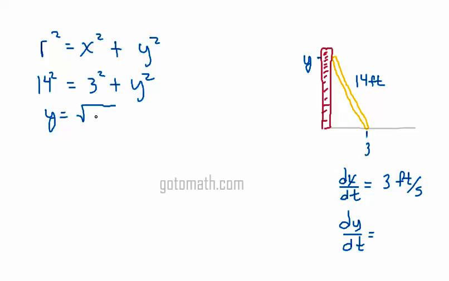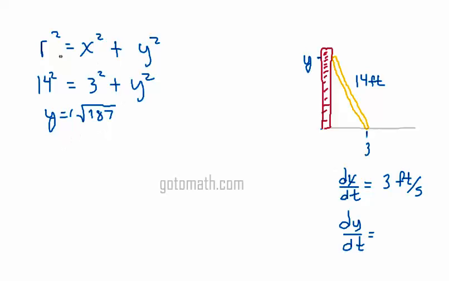I'll simplify all that, and we should get the square root of 187. Now we want to use the exact value. We don't want to do any approximation at this point. So there's our y, the distance from here to here, and of course it's in feet.